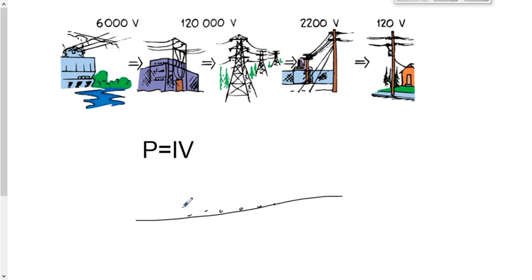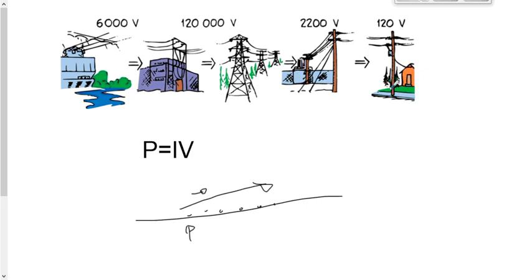Rather than having lots of electrons push their way through that wire, you can give each electron a lot of voltage, a lot of energy, and then you don't need as many of them to move through the wire at any given point in time. They don't have to force their way through. So it's much more efficient to run energy through by having a high voltage when you're trying to go long distances. High voltage, low current, so the electrons don't have to push their way through as much.